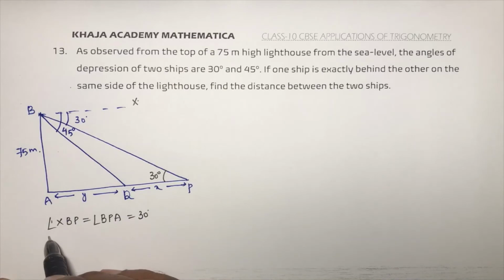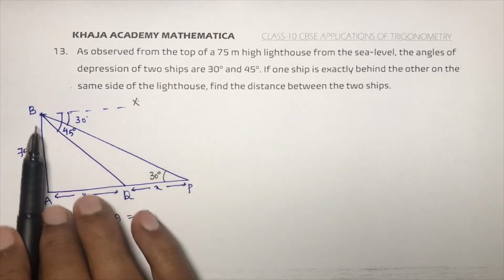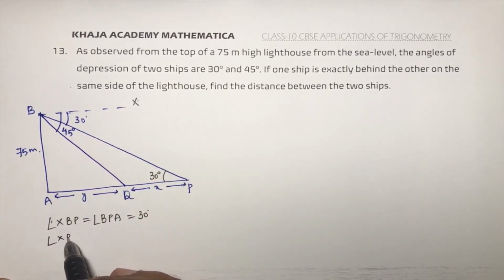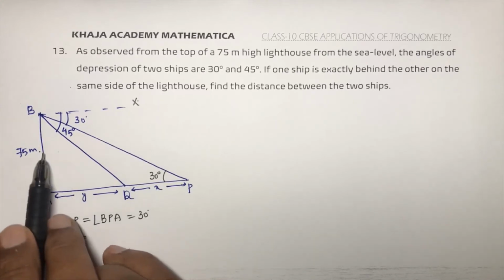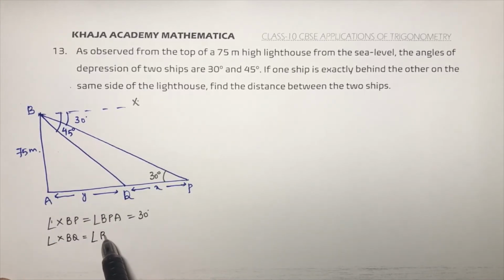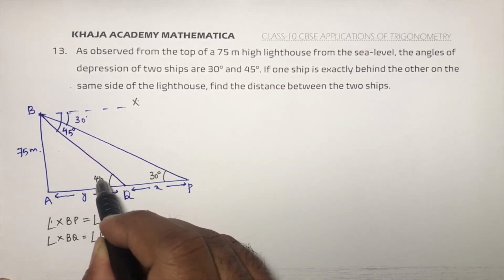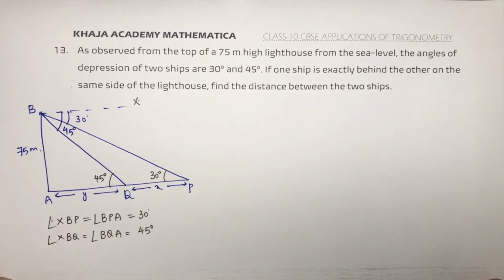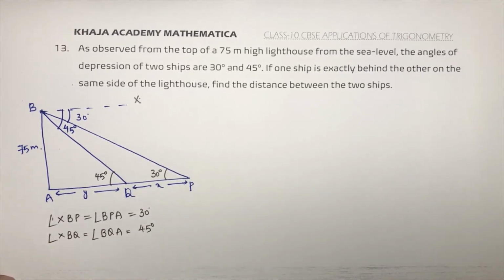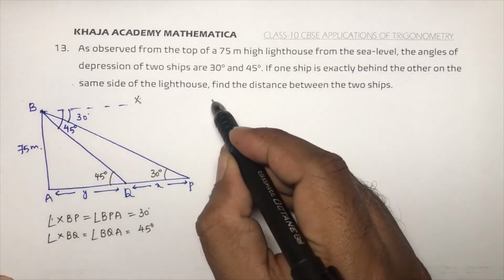Alternate angles. And next, XBQ equals BQA equals 45 degrees. Interior alternate angles.